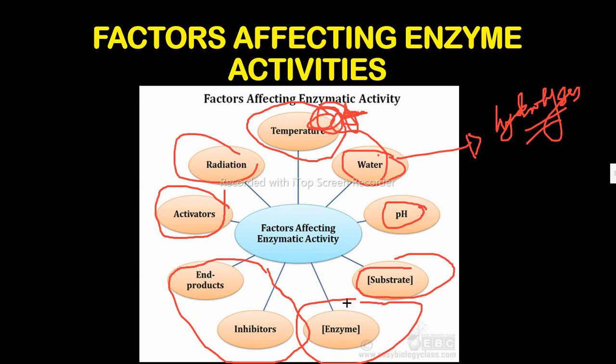And by the way, this is the cheating code. You must know how to explain how each factor here affects enzyme activity, and with ease. There shouldn't be any hardships. Okay?